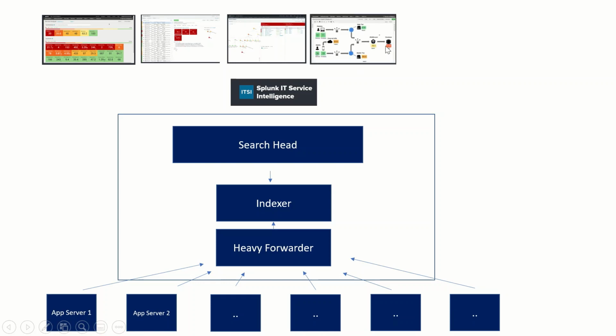Next one is glass table. It's a very good functionality of ITSI where you can see the end-to-end flow of your organization or your business. Next, it gives you a deep dive where, for a particular issue, you can see how the other components are interrelated.